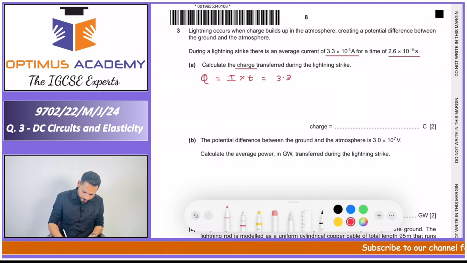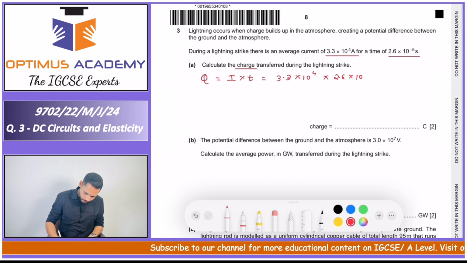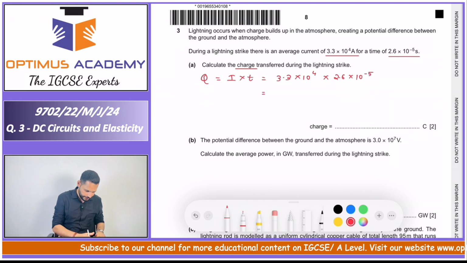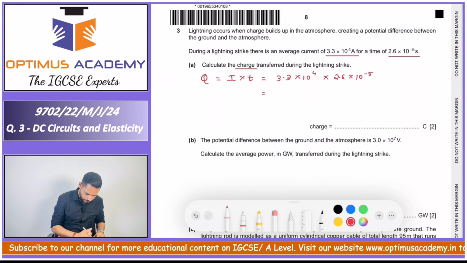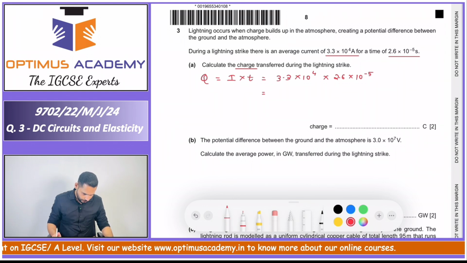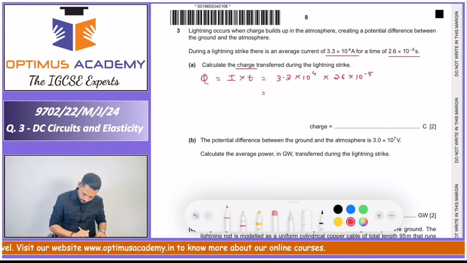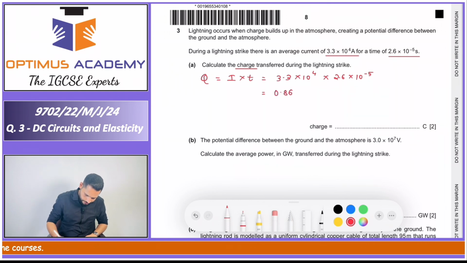The current is 3.3 into 10 raised to 4 ampere and time is 2.6 into 10 raised to minus 5 seconds. The answer here is 0.86 coulomb.